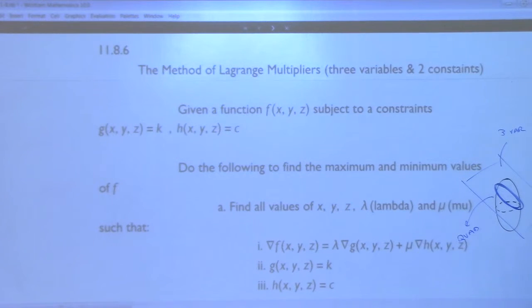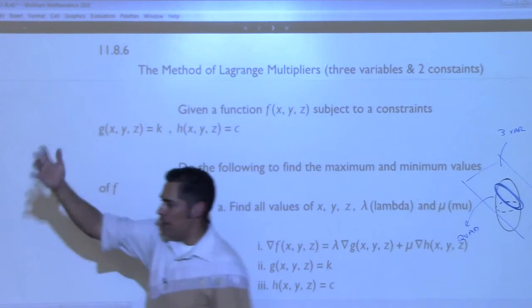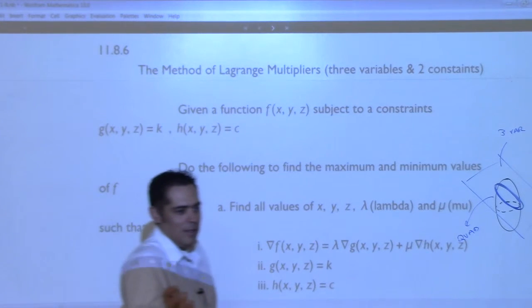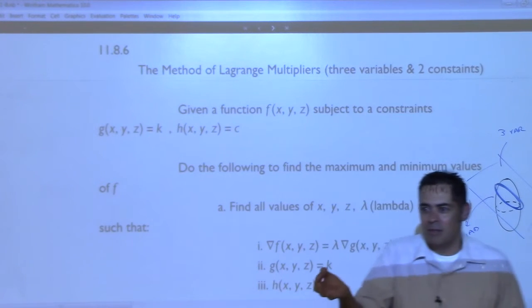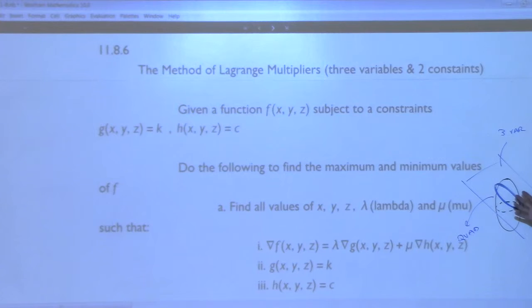Because let's say you take three planes, where all three planes hit would be like the origin. And if you're trying to find the maximum of a function at a single point, well, it only has one value. It's both the maximum and the minimum. So you can have more as long as where they hit each other is something worth looking at. Does that make sense? Yeah.